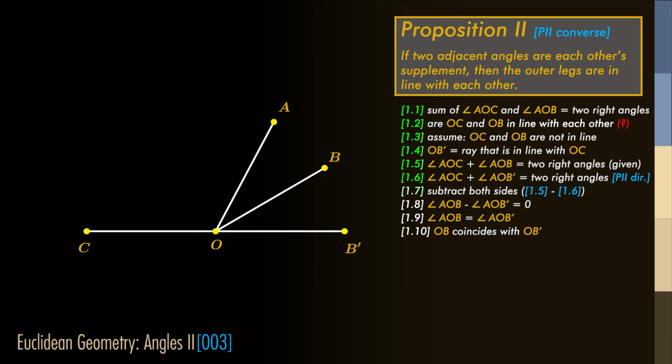Let's now subtract the two sides of the equation. We conclude that angle AOB must be equal to angle AOB prime. So that means that OB coincides with OB prime, or OB is in line with OC.